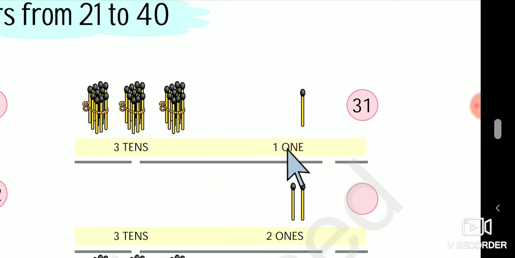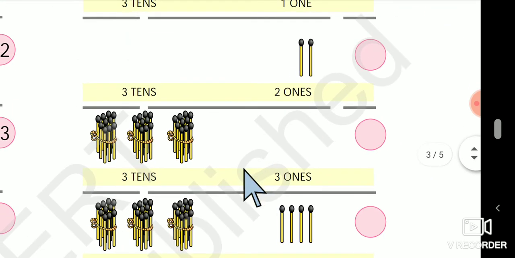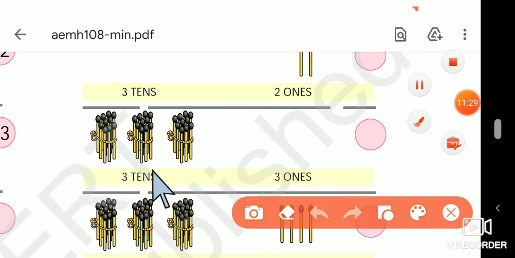3 tens and 1 one is equal to 31. So there are bundles, 3 tens and 1 one. Draw the 3 tens. Here we have to draw 3 bundles. 3 tens and 2 ones is equal to 32. 3 tens and 3 ones.